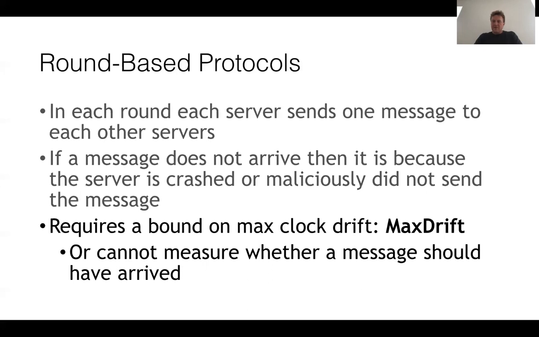I also need to make an assumption on how far our clocks can drift, okay? The reason for that is, of course, if a message is to be sent at a given point in time, the sender will send it at 12 o'clock, say, on the sender's clock. But if I'm 1 hour ahead, when the message is sent, it's already 1 o'clock on my watch.